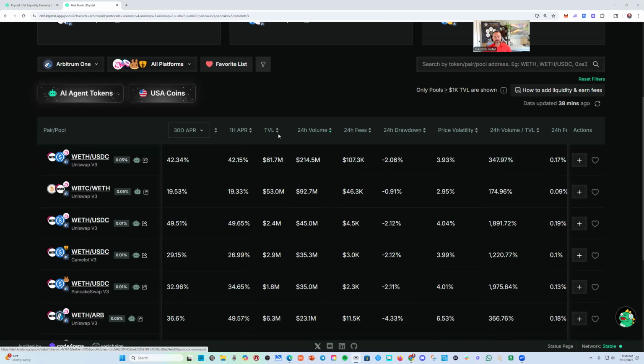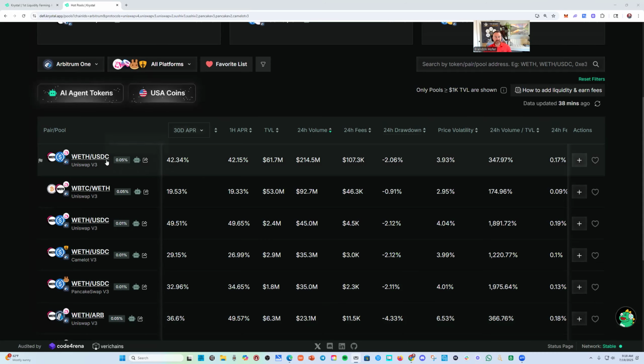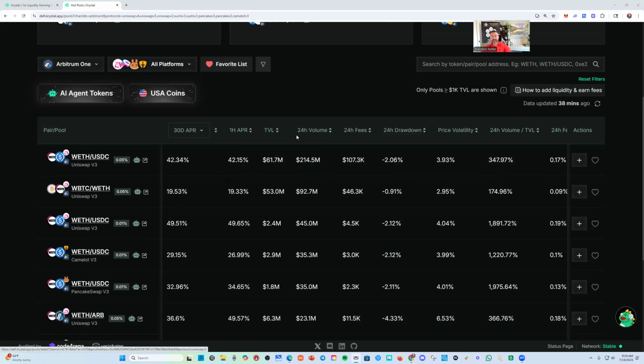Now, here's 24-hour volume, and this is ETH USDC. We would expect a really high trade volume on ETH and USDC. And you go, but it's only 42%. Well, yeah, but look at the trade volume to TVL ratio. The trade volume is actually higher than the TVL, which is a good, healthy sign.